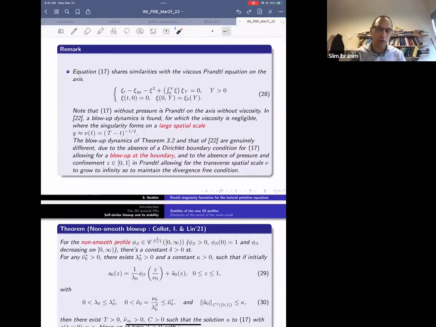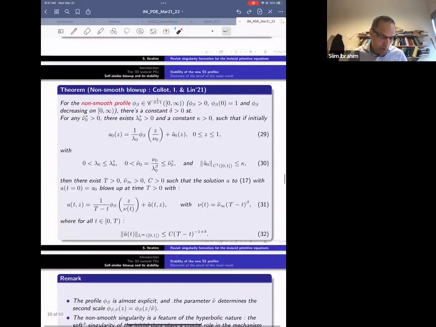For the primitive equation, we have the pressure term. It's annoying in terms of analysis, but it helps preserve the divergence-free condition. Whereas for Prandtl, we don't have the pressure, so to maintain the incompressibility, the blow-up point has to go to infinity.